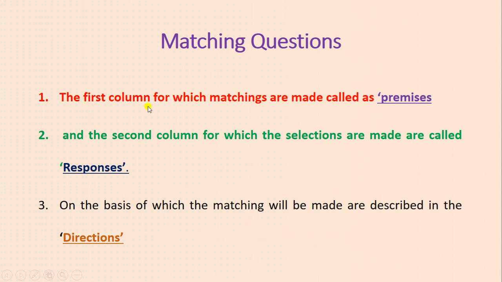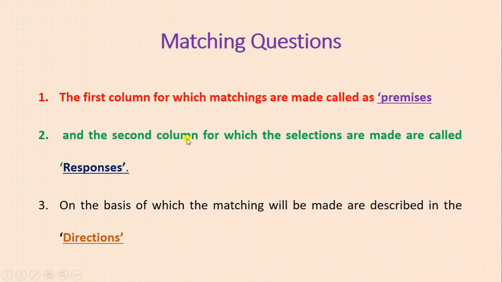My dear students, these are important things, as matching questions comprise two columns. The first column, for which matchings are made, is called premises. The items that are written in the first column are the premises.